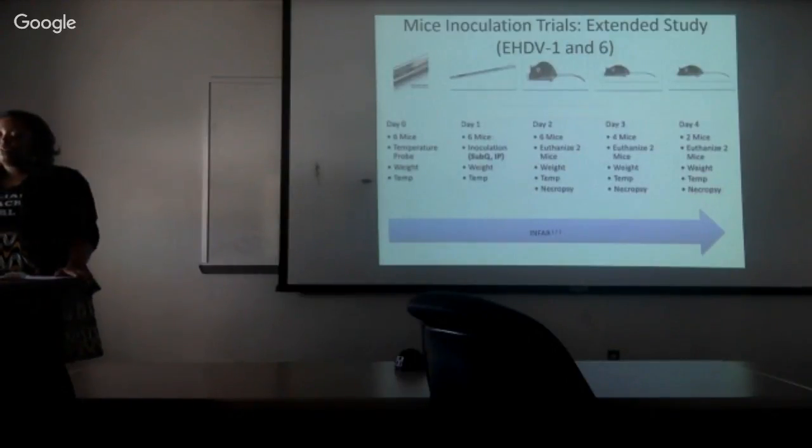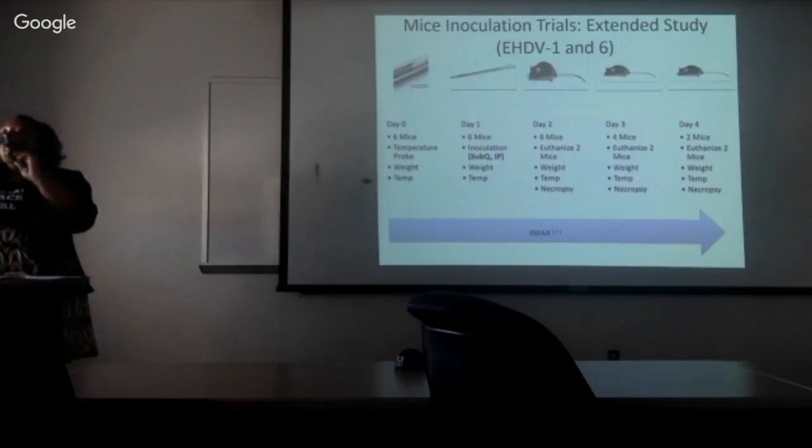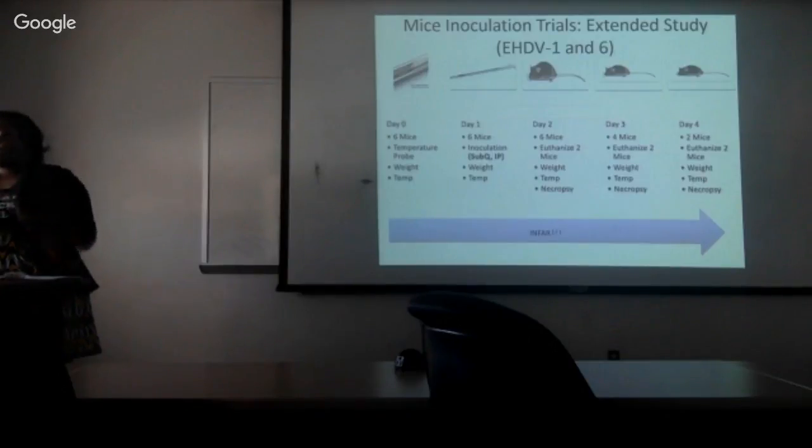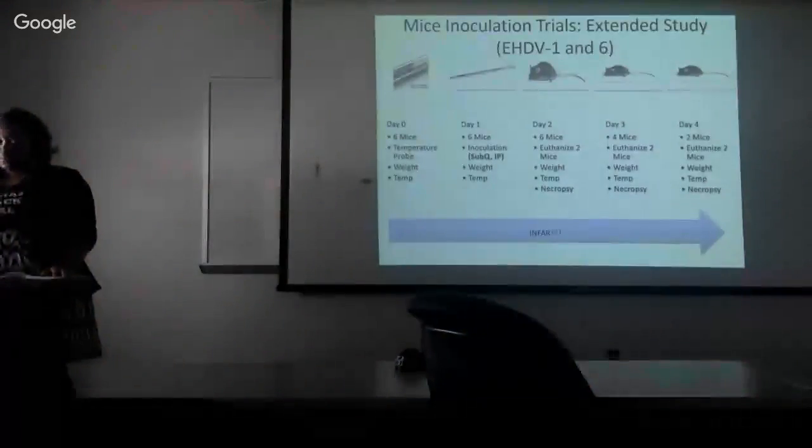And then once we had exhausted the EHDV2 inoculations, we moved on to EHDV1 and 6, and so we took 6 IFNAR mice for EHDV1 and then 6 IFNAR mice for EHDV6 and repeated the process out to day 4.